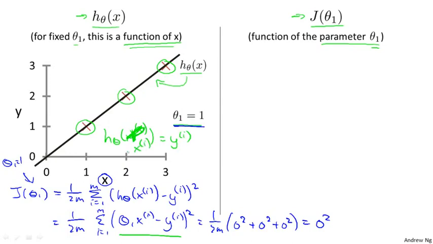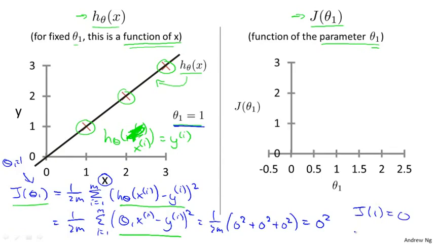And so h of xi minus yi, each of these terms is equal to 0, which is why I find that j of 1 is equal to 0. So we now know that j of 1 is equal to 0.